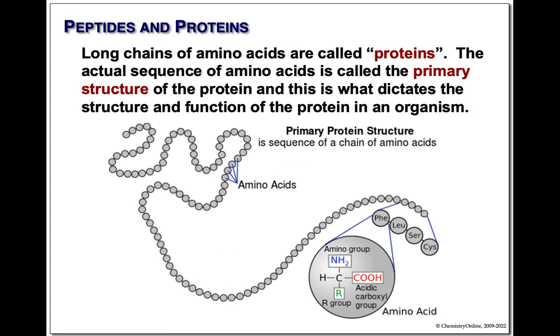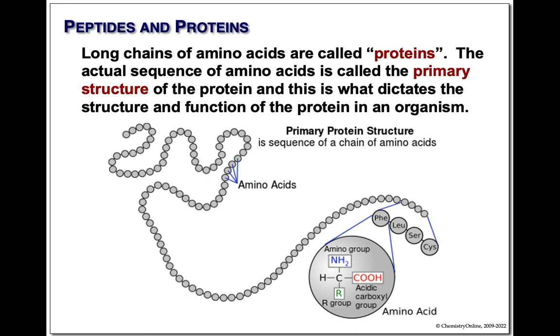If we keep doing this, we get a protein. Each of these are the amide bonds, just like we just made here. And we just keep going over and over and over again until we make our protein.